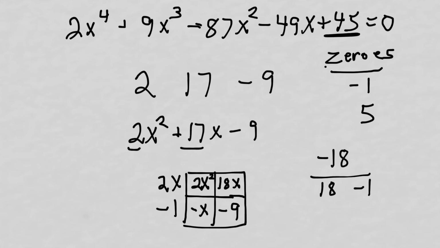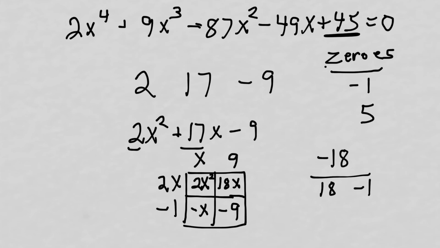All right, let's see, 2x, now I'm going up and down. 2x squared minus x, all right? The biggest number that comes out of both of those is x, all right? And 18 and negative 9, the biggest number that comes out of both of those is a positive 9.